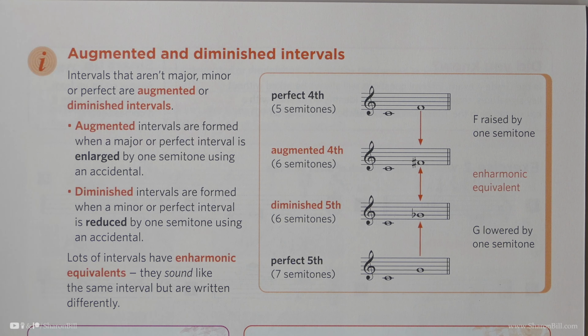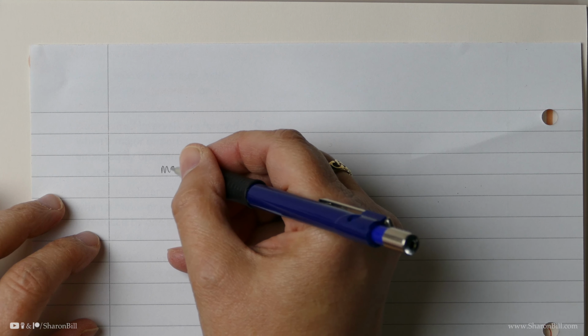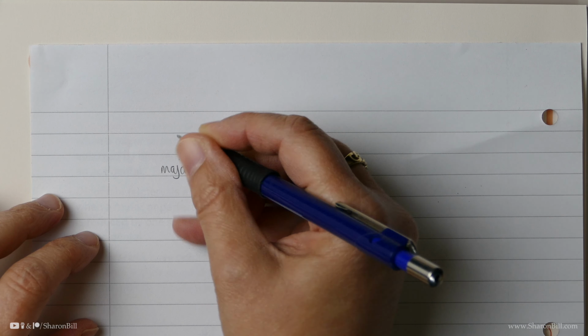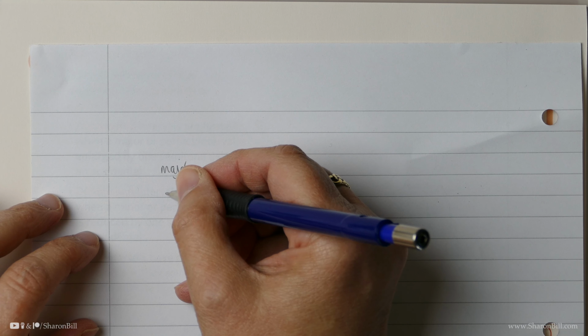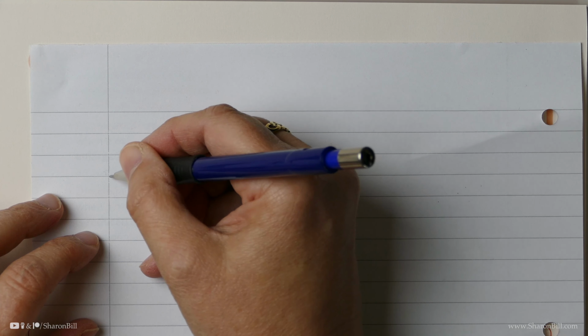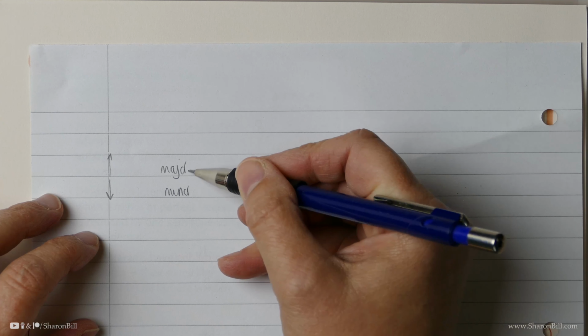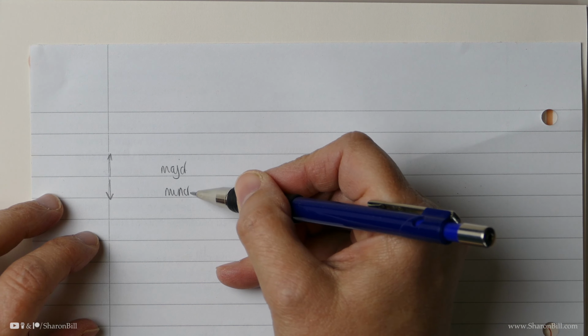Before we get into this topic, it's helpful to have this little reference to hand. We know that we have major intervals, and when these are made smaller, they become minor intervals. As we get greater and as we get smaller, major means greater, minor means smaller.